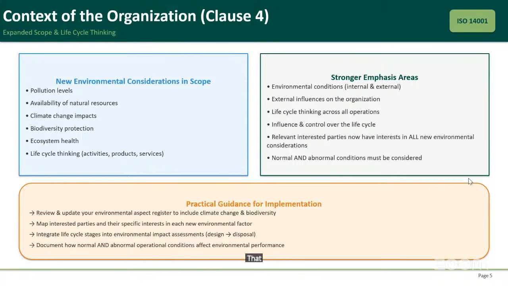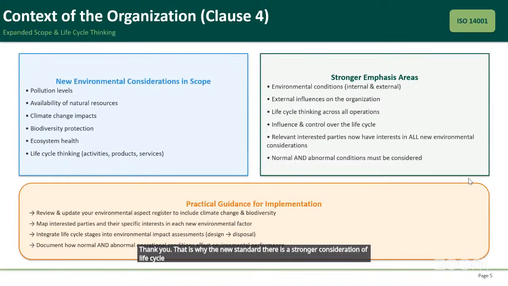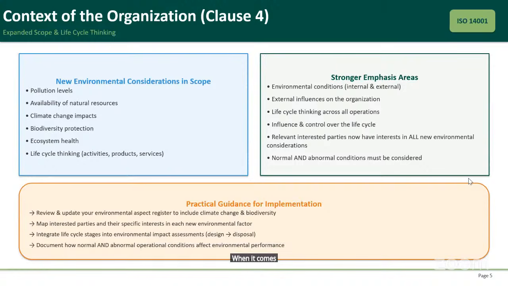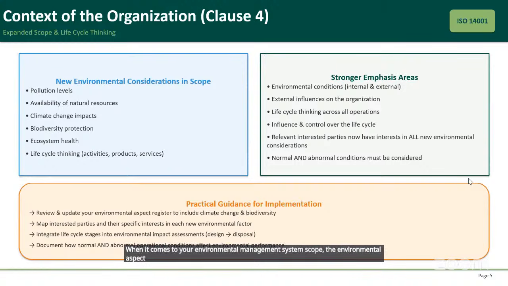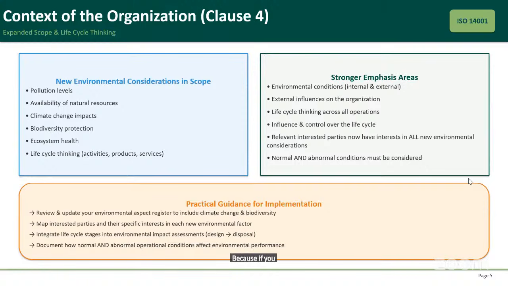That is why in the new standard, there is a stronger consideration of life cycle and value chain. You must understand your value chain when it comes to your environmental management system scope, the environmental aspect. Because if you look at clause 6.1.2, there's a focus on environmental aspect, which is also in the earlier version.